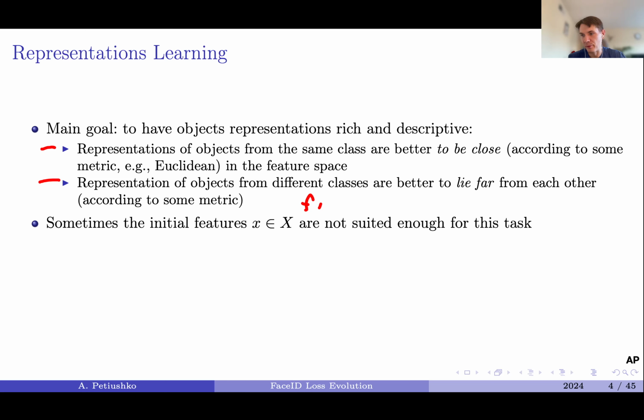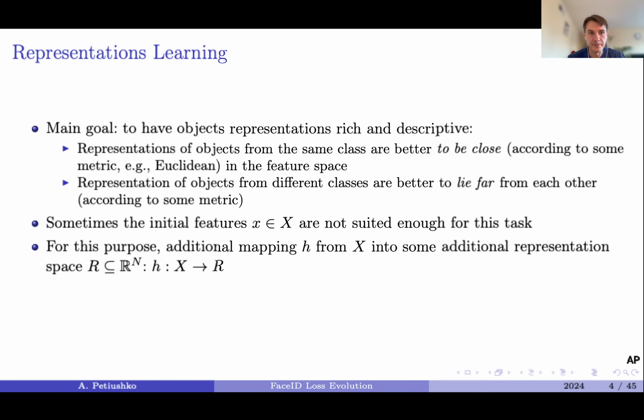By human experts or probably some automatic feature extraction, which probably is not optimal or just doesn't cover all the needed properties of the object. So we would like to use better representations. How to do it?